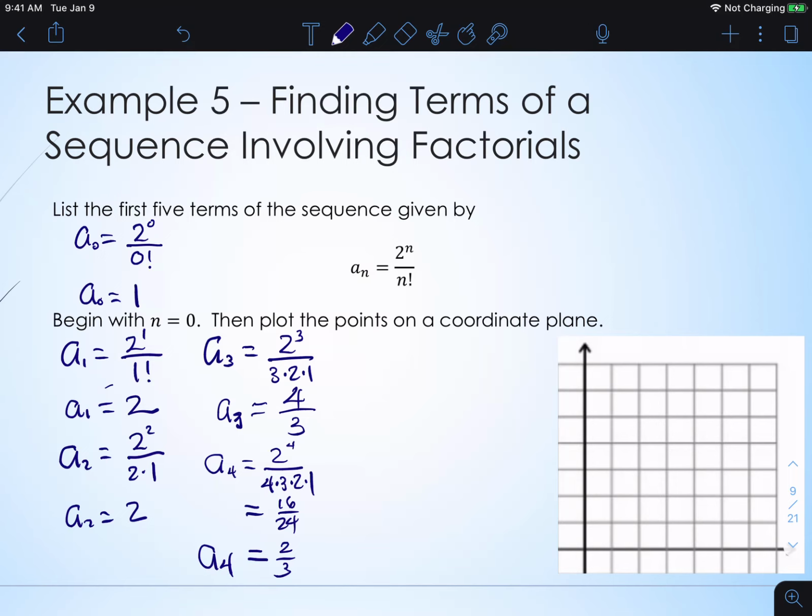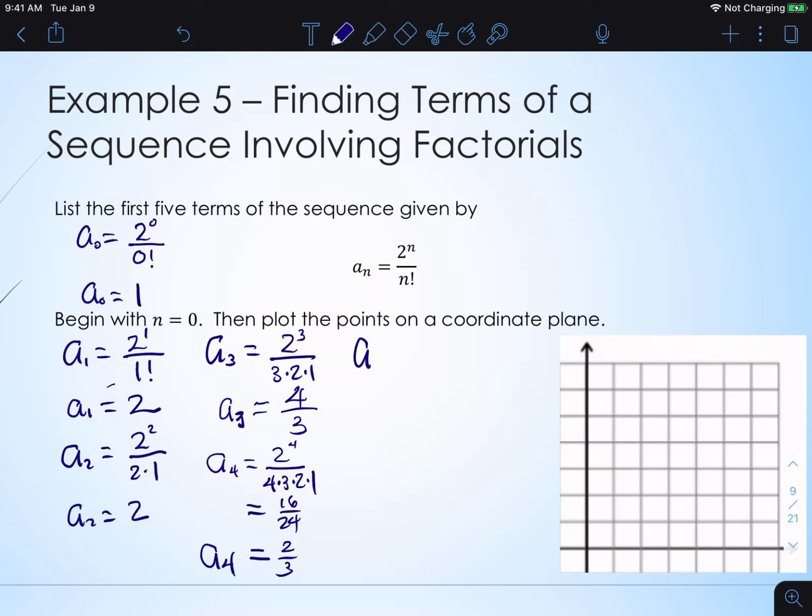And we only have one more to go because we're looking for 5 terms, right? So a sub 4 is the 5th term. Well, let's do a sub 5 for the fun of it. 2 to the 5th power over 5 times 4 times 3 times 2 times 1. 2 to the 5th is 32. 5 times 4 is 20, times 3 is 60, times 2 is 120.